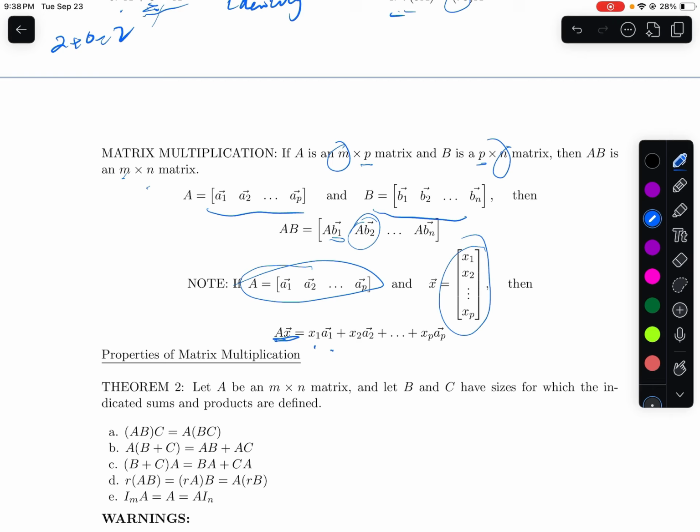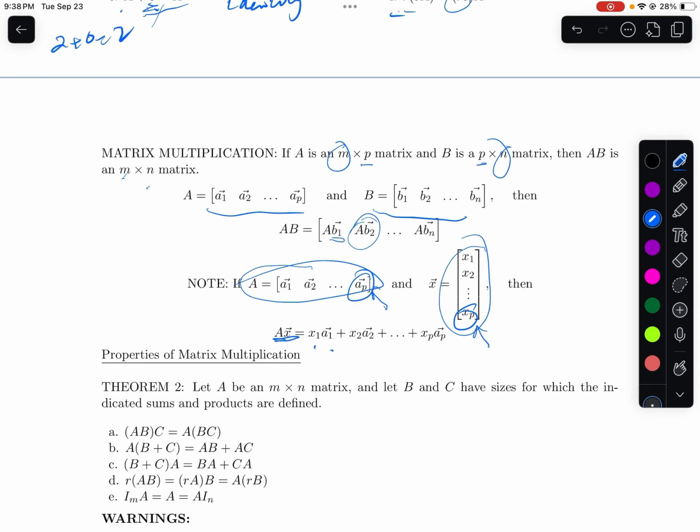So when you multiply A with X, the product AX, which will actually be a vector, is X1 times the A1 vector plus X2 times the A2 vector, and so on, the last one being XP times the AP vector. That's why this number here and this number here should match. Here it is the number of columns, here it is the number of rows.